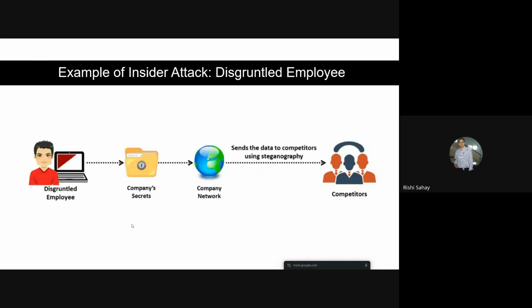So this is just a basic example of an insider attack. A disgruntled employee is an employee who is not happy with the organization, and the person has access to the company's critical, confidential information, and maybe is also aware of how your infrastructure looks, how the servers are connected, where we have the firewalls and intrusion detection system, and what we can do to bypass them.